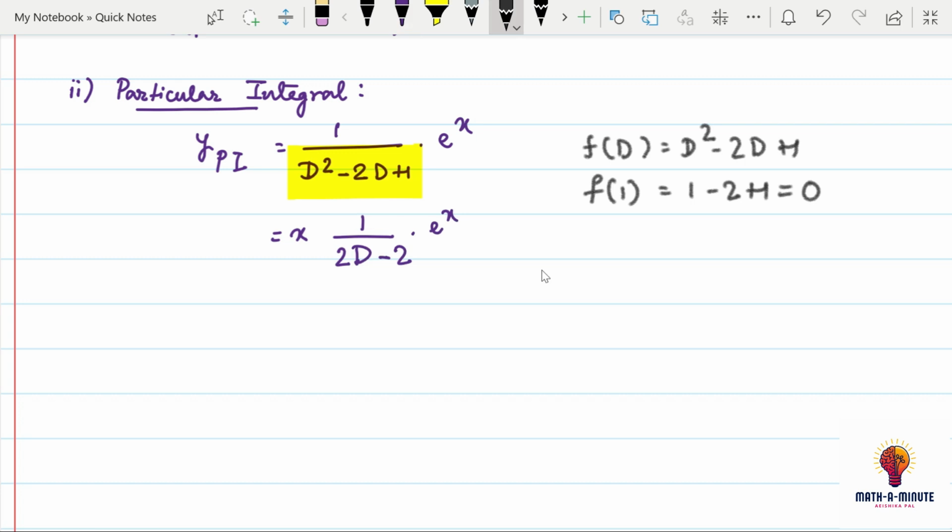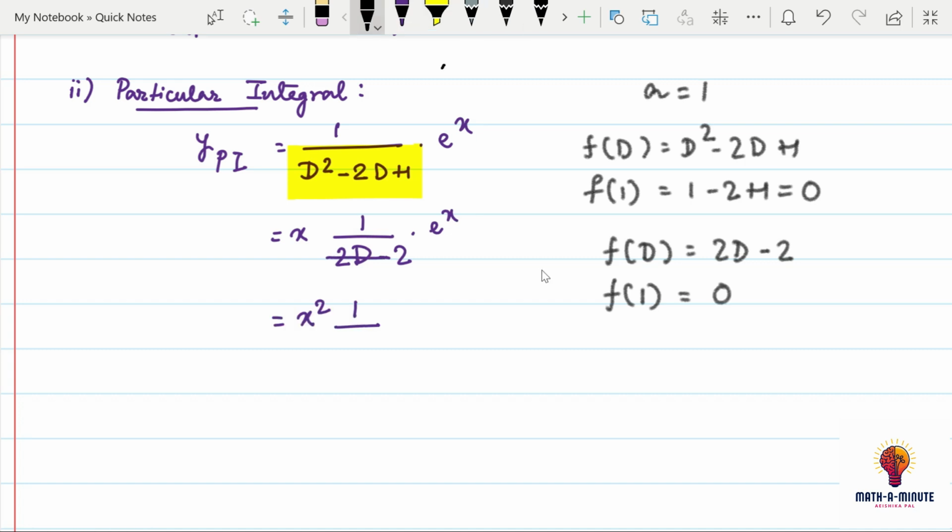Now, if the D operator is 2D minus 2, and we put 1, meaning the value of a equals 1, it will be 0 again. Okay. So what we can do here is take the derivative of this function again, so it will be 2 into e to the power x.